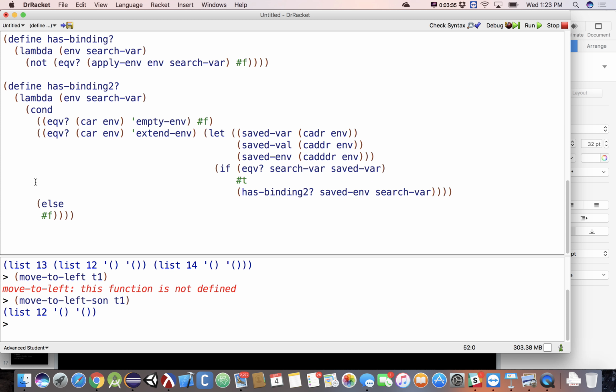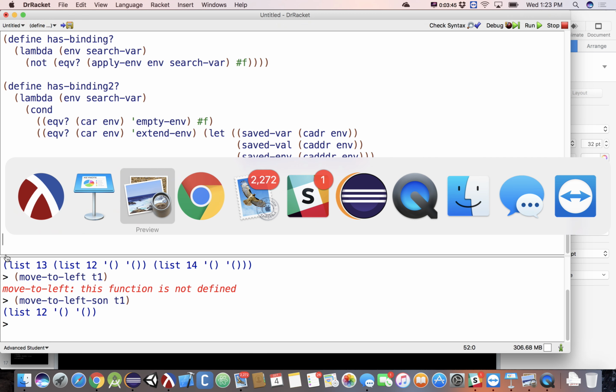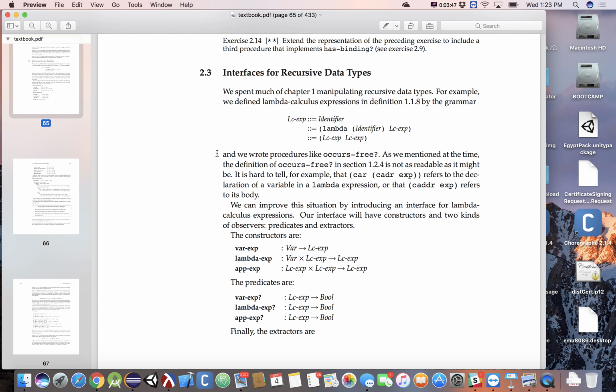Okay, so let's go into the book here. We decided we were going to have a constructor for a var expression, a lambda expression, and an app expression. And then we were going to have an observer for the operator and operand of an app expression.